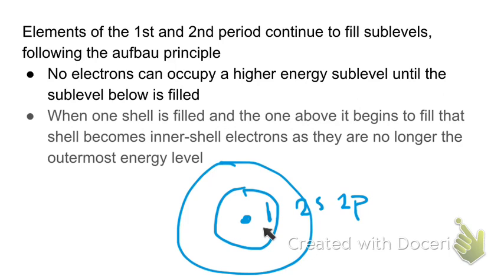So that makes this an inner energy level, and this becomes the outermost energy level now. And then if I fill the 2s and the 2p and I move on to the 3s, then the 2s and the 2p also become inner energy levels, and the 3s becomes the outermost energy level because it's the one currently being filled.